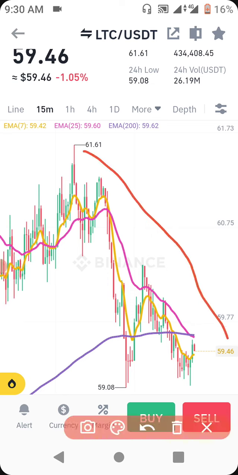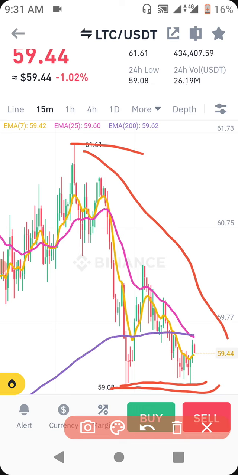We have a downtrend. But if you look at this place, you have the resistance right here and you have a support right here. This is your resistance and this is your support. And it has touched the support twice and it has not broken the support.